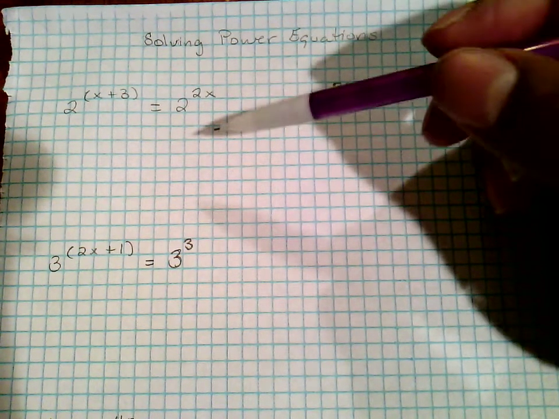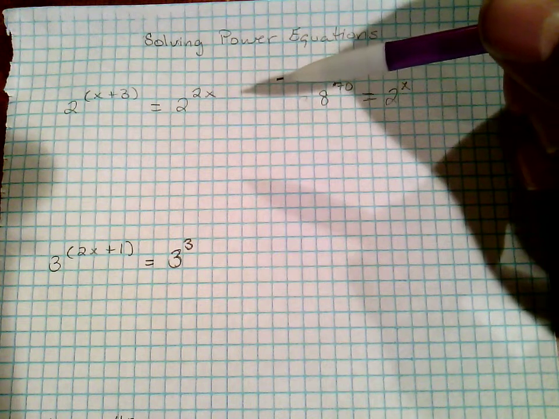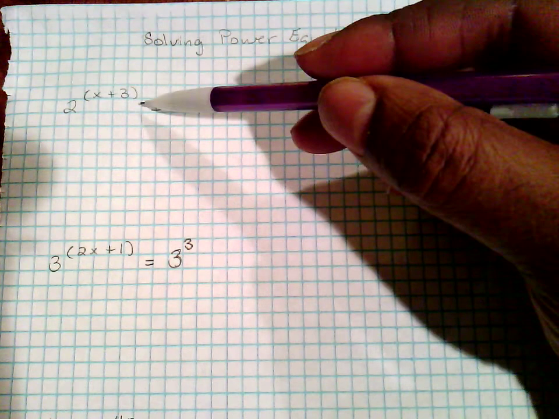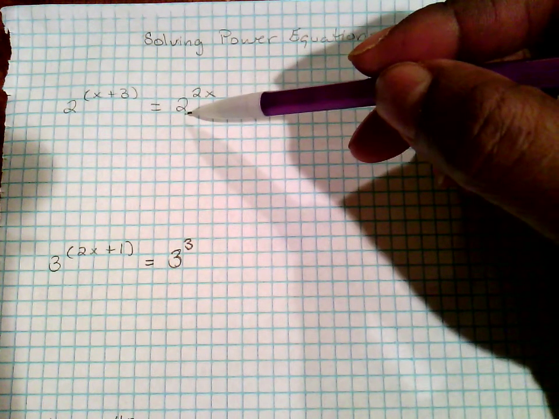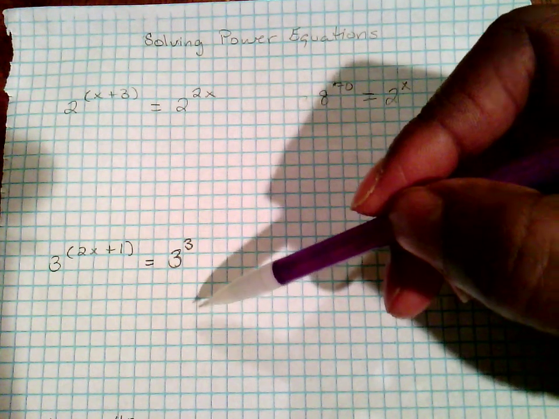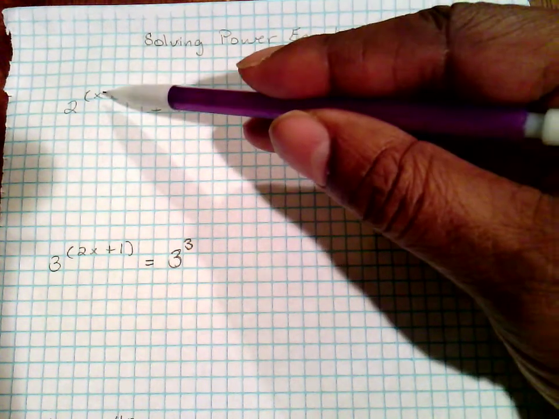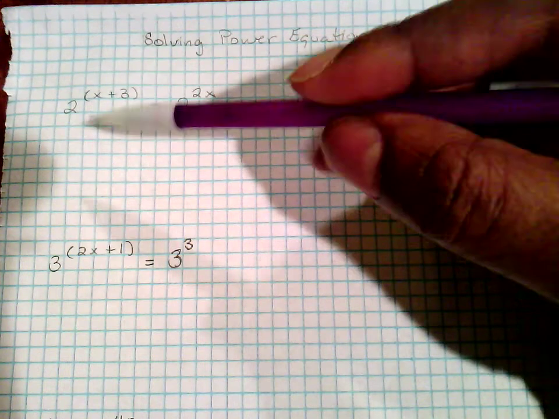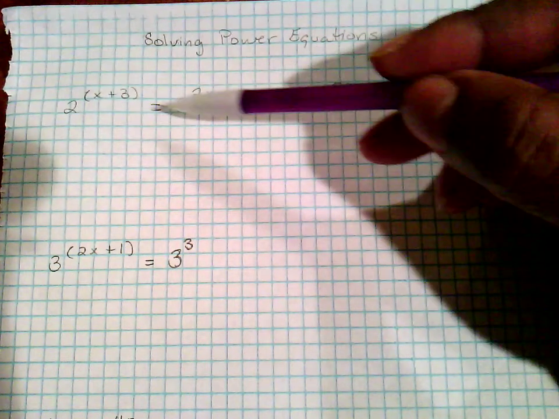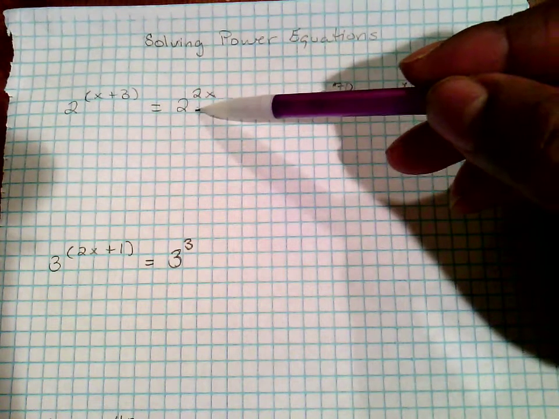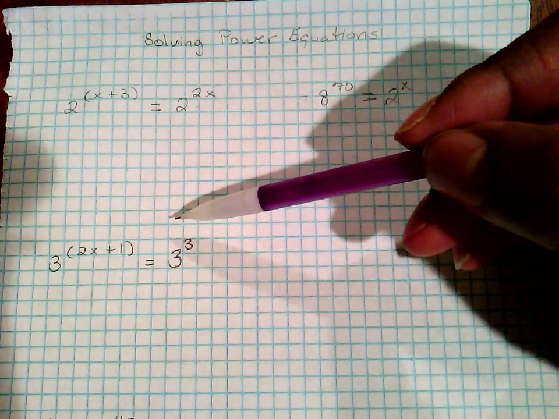Now, the first thing to notice about our equation here of 2 to the x plus 3 equal to 2 to the 2x power is that, number one, we need to solve for the variable x. And also, you notice that on both sides, our powers have the same base number.